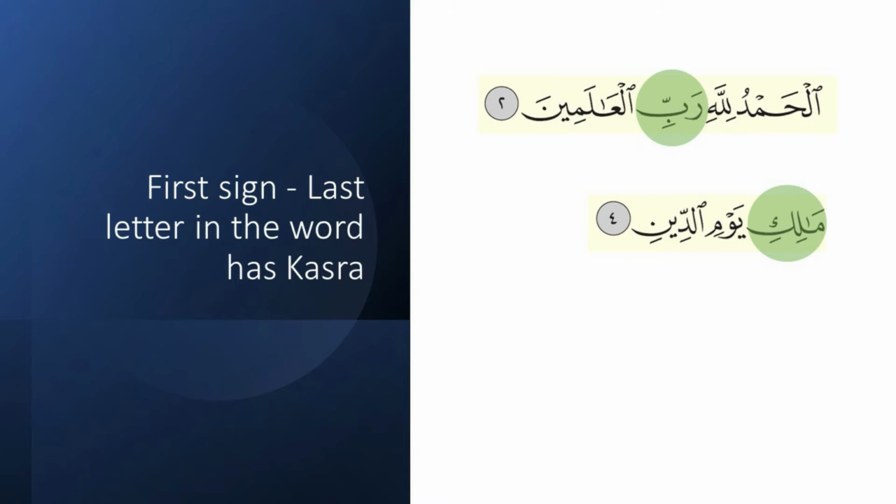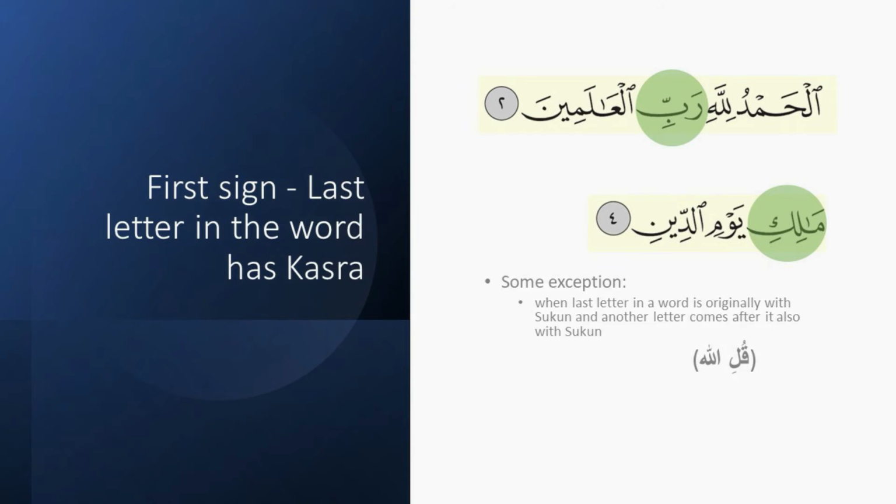Also Maliki, also it is a noun because the last letter has a kasra. There are some exceptions to this rule. One of the main ones, which you'll see most often in the Quran, inshallah, is in the imperative form of the verb, fi'l al-amr, where sometimes the last letter is with kasra.